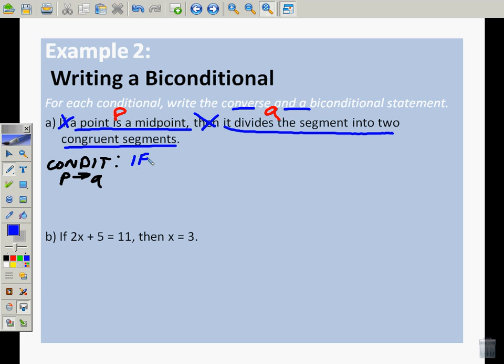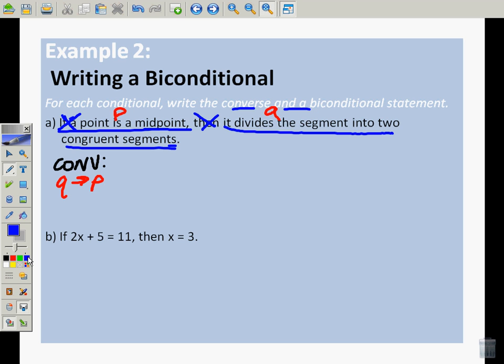We already have the conditional. My mistake. So we are just writing the converse. We already have the conditional. You should have told me sooner. Converse looks like this. It's going to be if Q, then P.